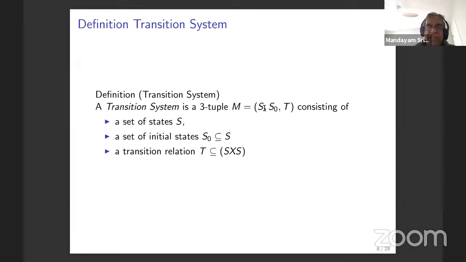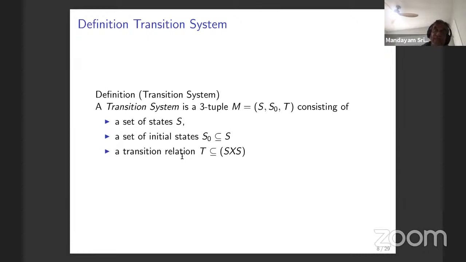It has a set of states, which itself is structured in terms of the values that a chosen set of variables can take. Then there is a set of initial states in which the system can start, from which the system can start operating.